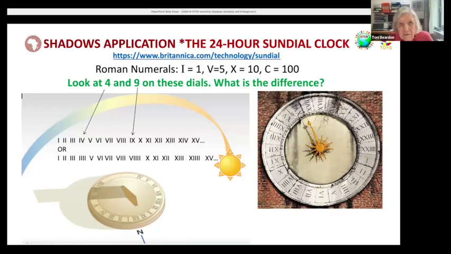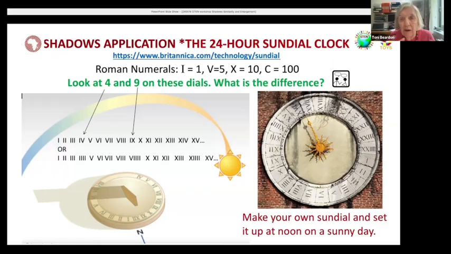So what's the difference? Especially in a primary school, this is a really good exercise. You can either go and visit a sundial if you've got one near your school, or even in the school grounds, or you can make your own very simply.